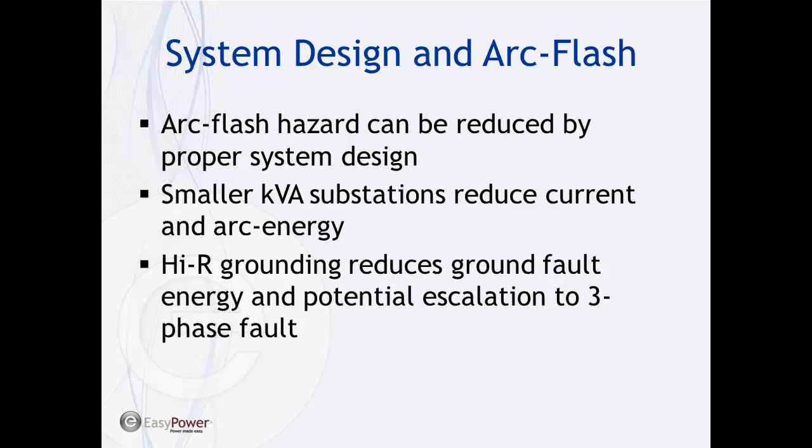Zone interlocking, like we discussed, you can do at 480 volt or medium voltage. Current limiting fuses and breakers, anything that will get a faster trip. Arc resistant gear in medium voltage systems, as long as the doors are closed; once you open a door, it loses that arc resistance. But those are things you can consider.